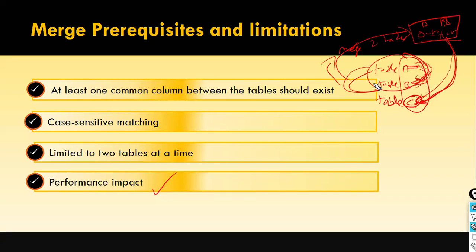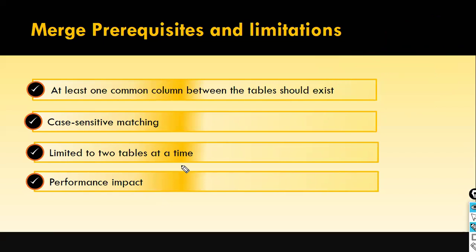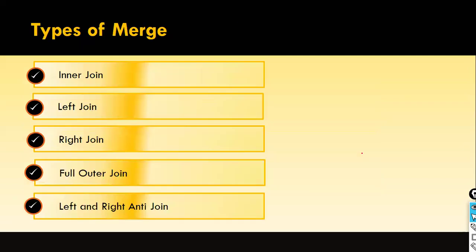So while matching the columns from both tables while you merge, it involves some kind of performance issues. But usually when you merge a smaller volume of data, you will not have any issues. When you merge files or tables that have huge volume of data, it will literally slow down your performance. But from the Power Query Editor point of view, you need to understand these four prerequisites.